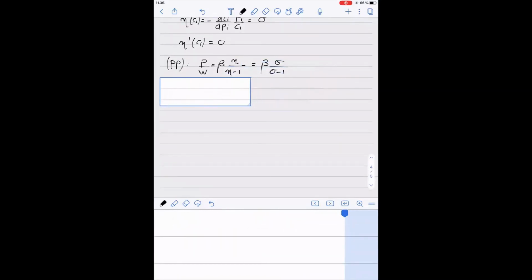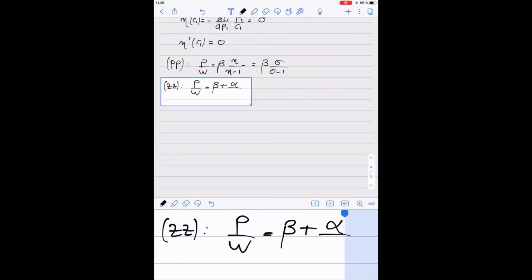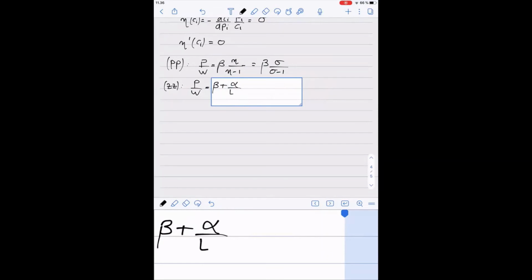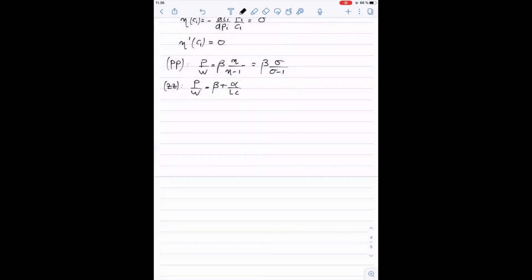In contrast, our ZZ condition is the same: P over W equals beta plus alpha over L C. So if we represent this on a plane, we get a declining function for the ZZ condition and a horizontal function for the PP condition.